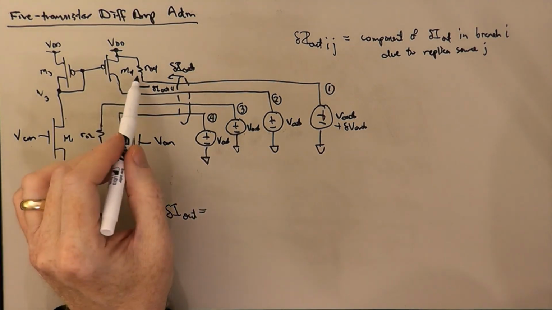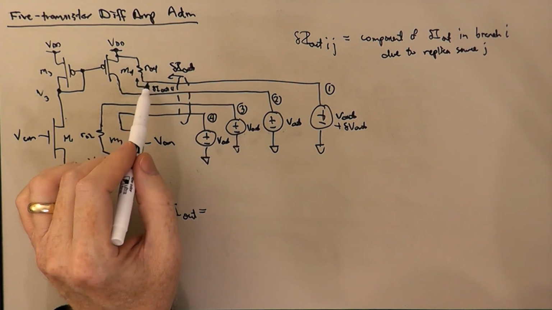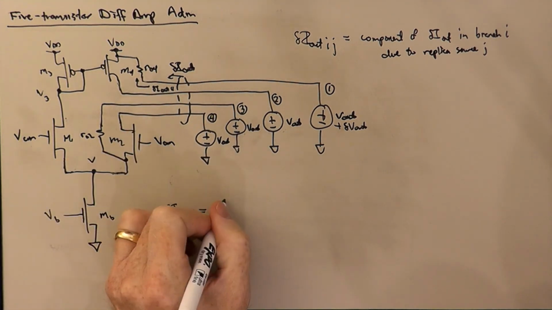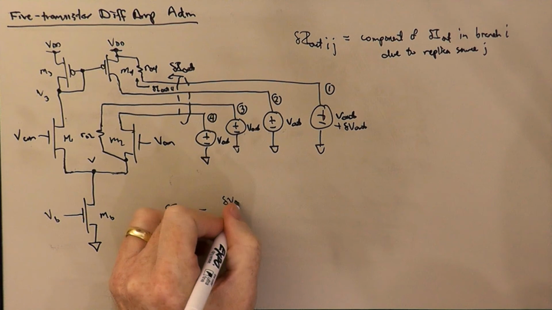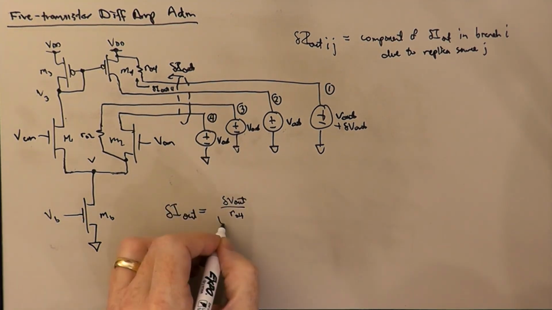And that's just going to be given by the incremental Ohm's law for RO4. So that's going to be the delta V out over RO4. This is delta I out 1.